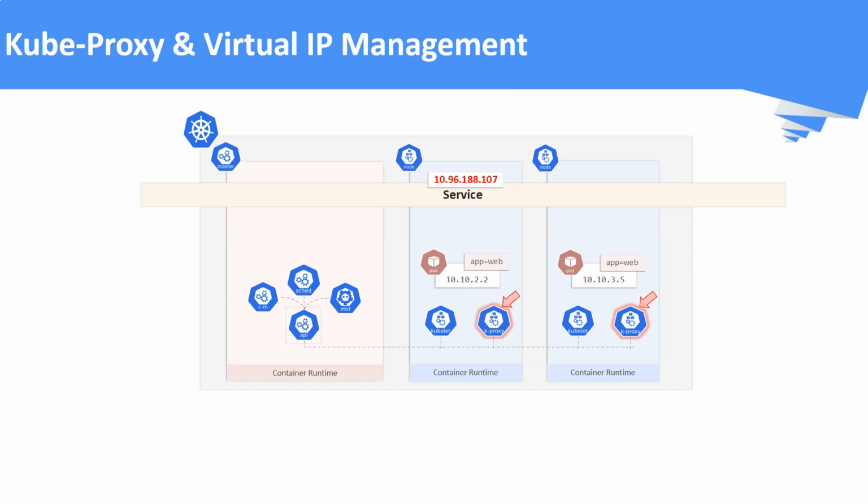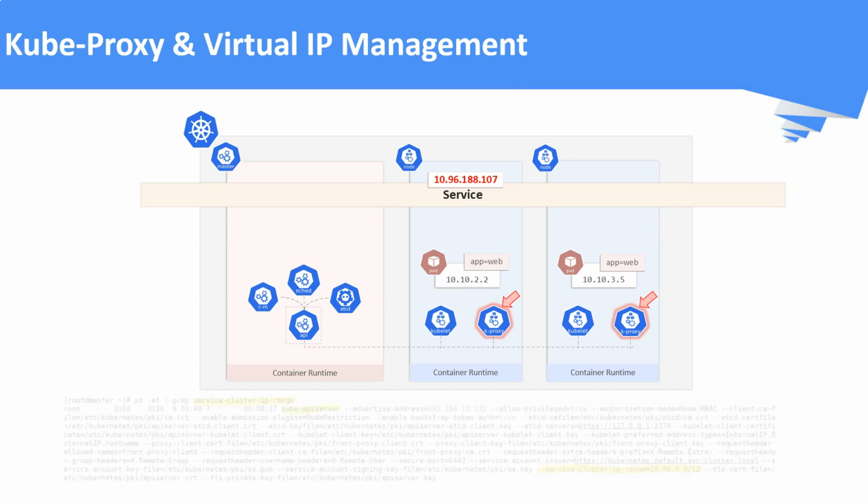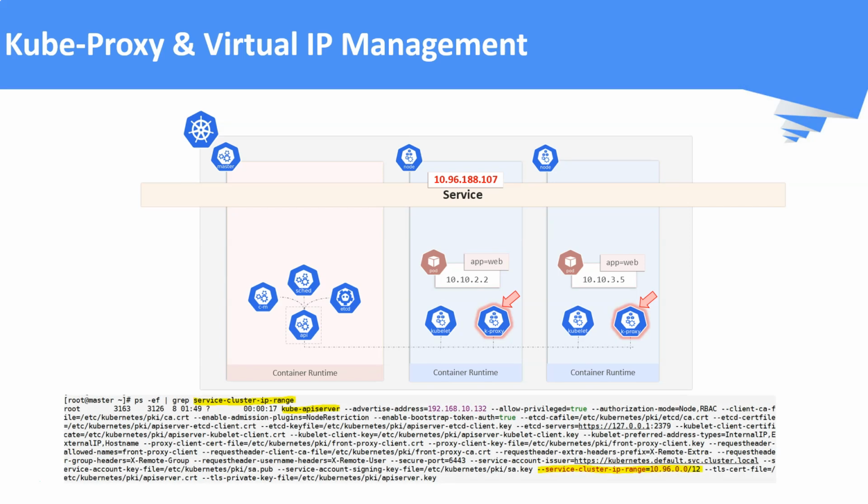Remember that this CIDR range is a different one than that of the allocated pod CIDR range. We can see this range from the Kube API server process that is running in the master node. We can also override this range at the time of installing the Kubernetes cluster.